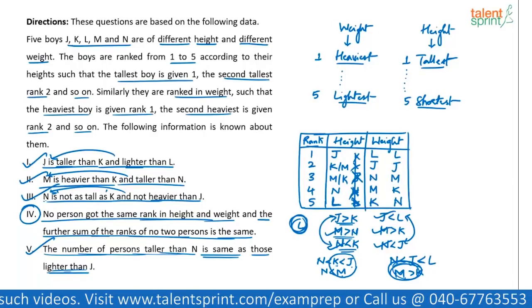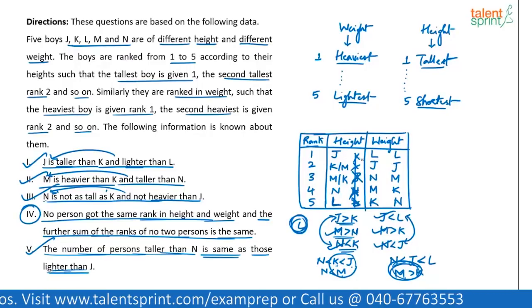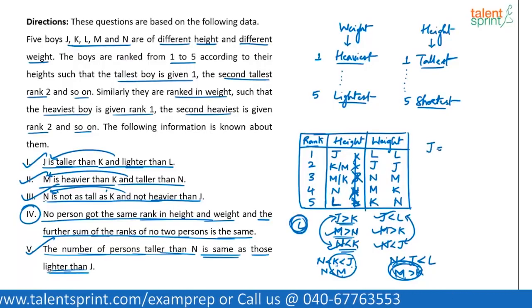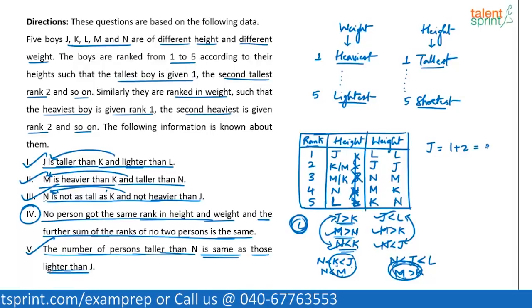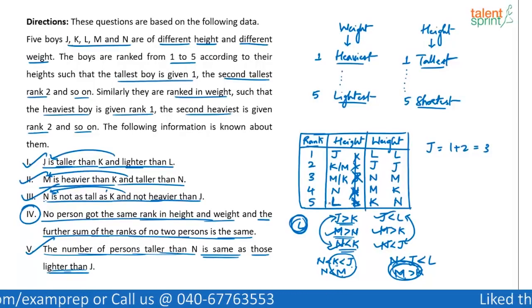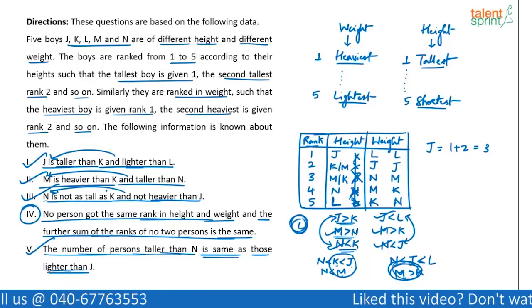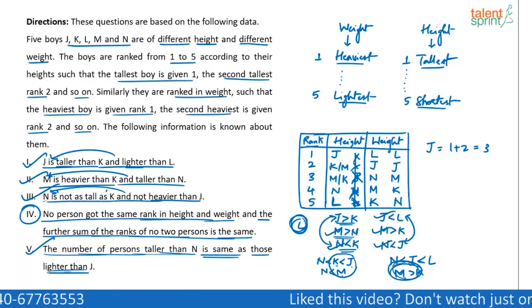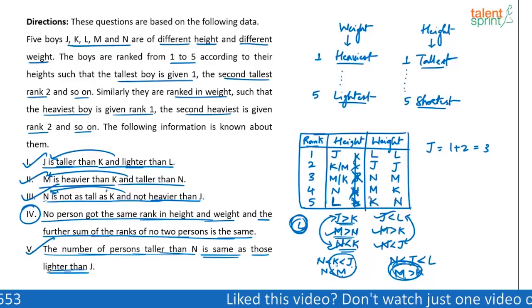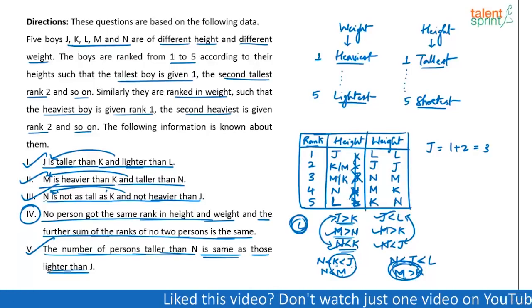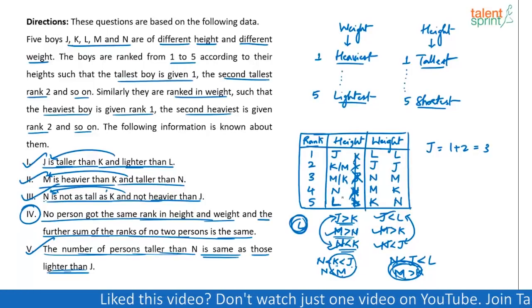So if you see the sum of the ranks of J is equal to 1 plus 2, which is equal to 3. If I look at N, or if I look at K, there are 4 possibilities for K. There are 4 possibilities for M also.